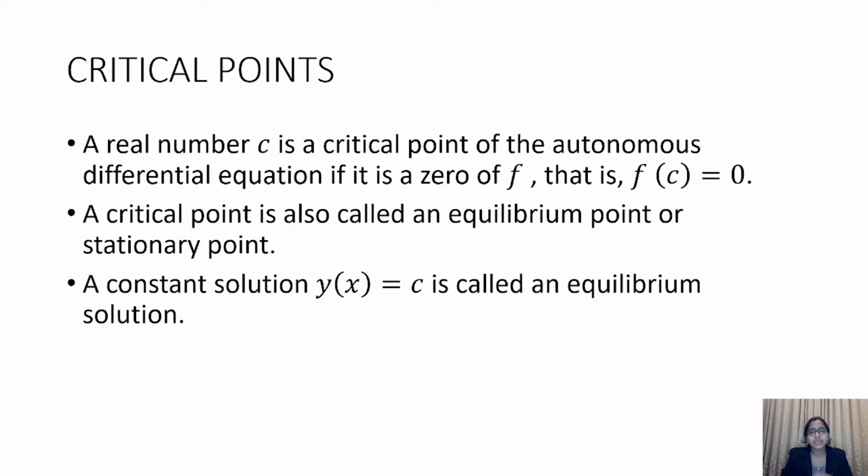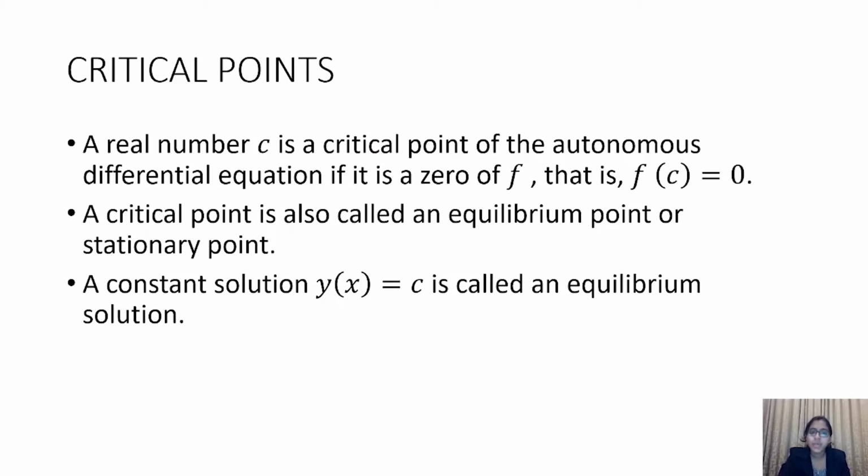Now next is a concept called critical points, which is related to autonomous differential equations. A real number c is a critical point of the autonomous differential equation if it is a 0 of f. We had considered the general form dy by dx is equal to f of y, so if f of c is 0, we say that c is a critical point.